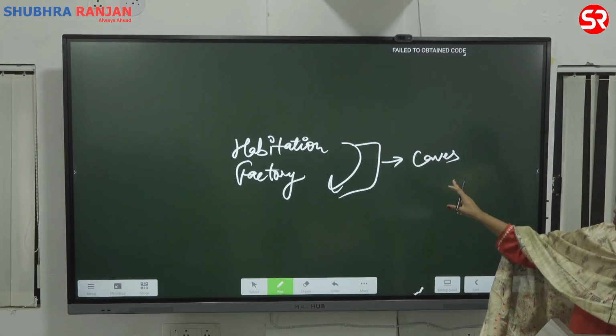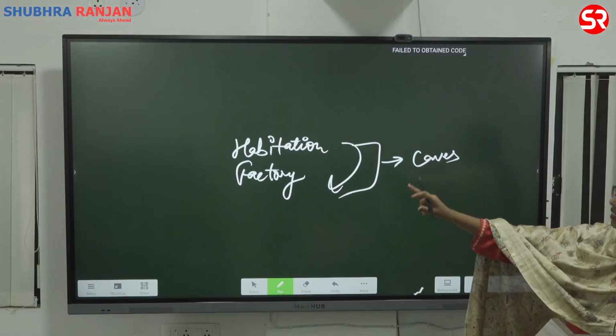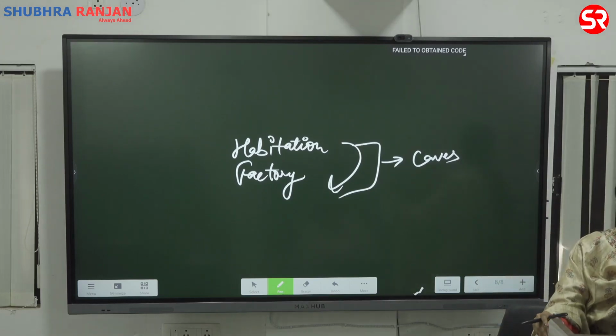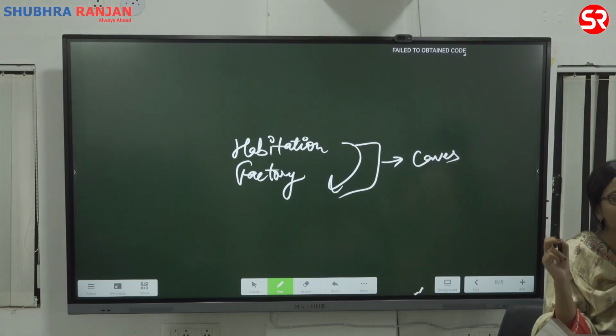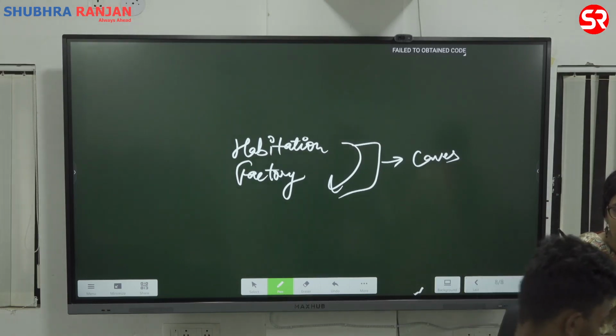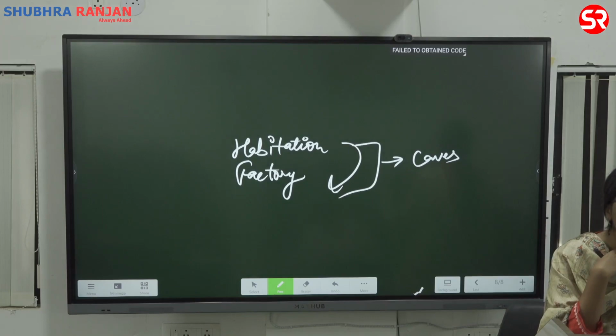Okay. So living arrangement, you can write habitation and factory site. Habitation site, where humans used to live.